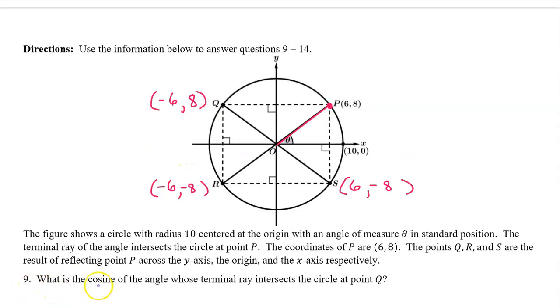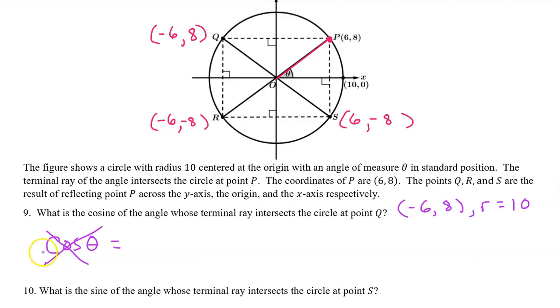Number 9. What is the cosine of the angle whose terminal ray intersects the circle at point Q? Let's record the coordinates of point Q so we can scroll. Q is at -6, 8. Also, notice that the radius is 10 as given by the point 10, 0.